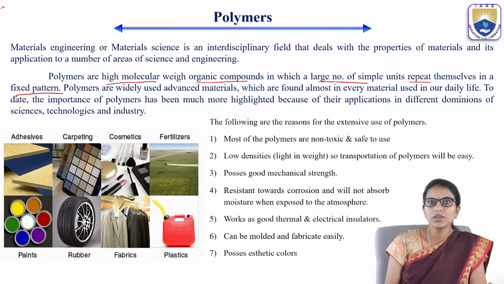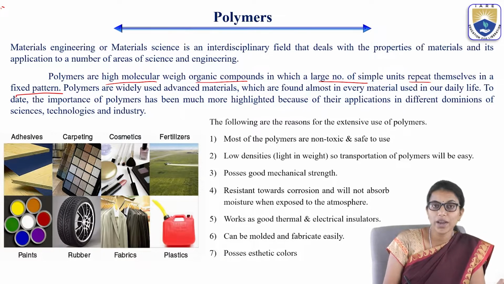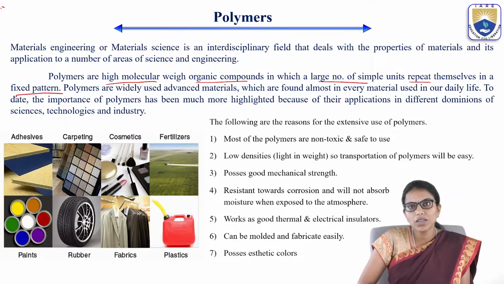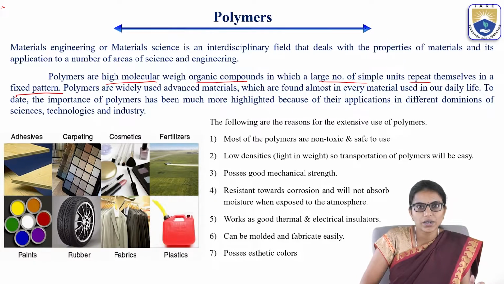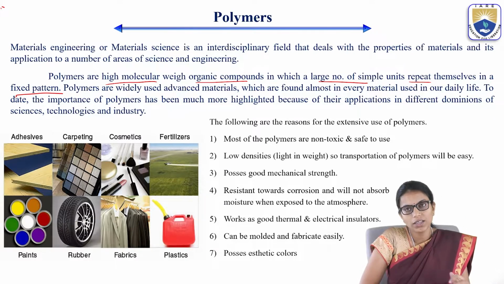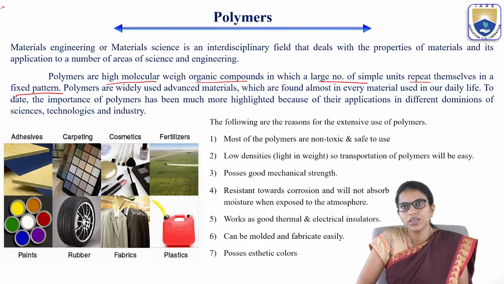Now, coming to the extensive use of polymers, why is it so important? Because of their properties. Most polymers are non-toxic and safe to use, which is why we are surrounded by polymers. They have a low density, that is, they are light in weight, so transportation is very easy.